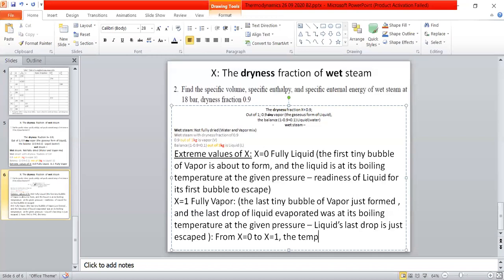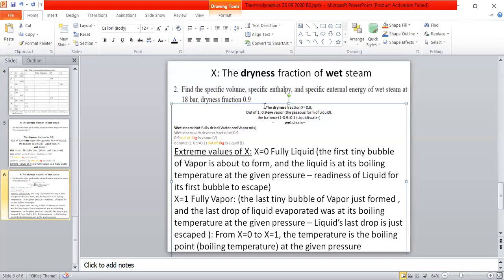The temperature is the boiling point, or boiling temperature, at the given pressure.